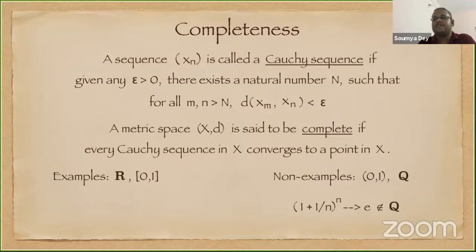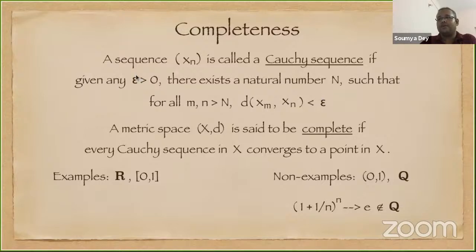Okay, so the next concept which we will talk about is completeness. A sequence xn is called a Cauchy sequence if, given any epsilon, there exists a natural number N such that for all m, n greater than N, the distance between two elements xm and xn is less than epsilon. Again, it's similar to the definition of convergence, but it's different.